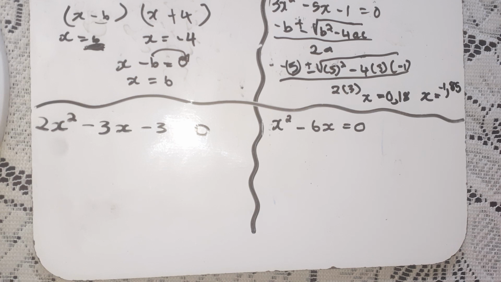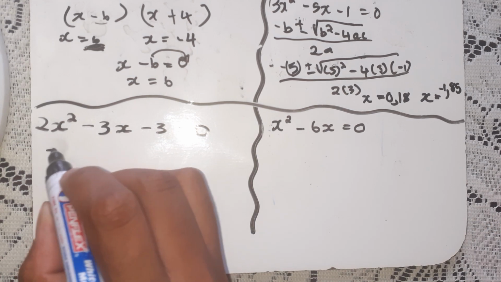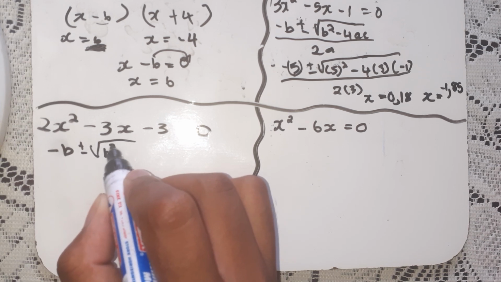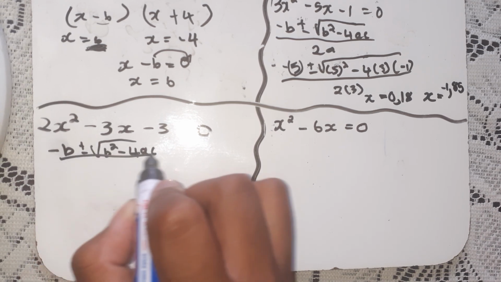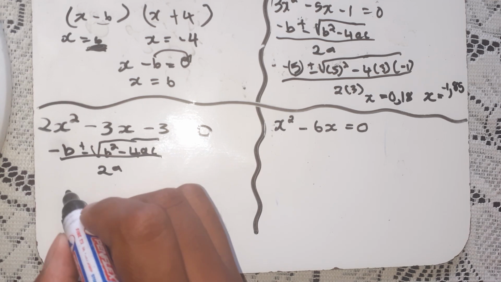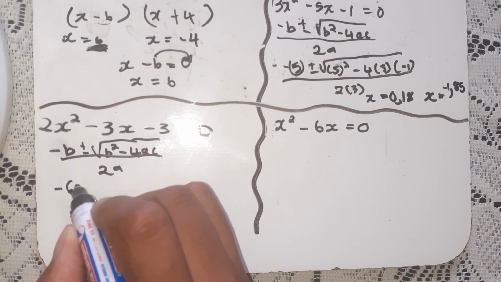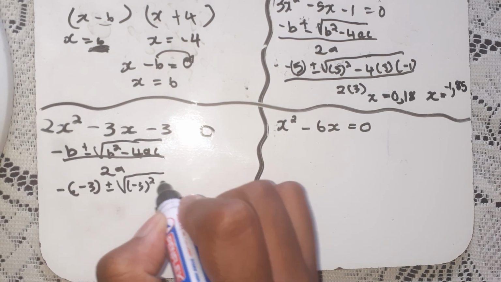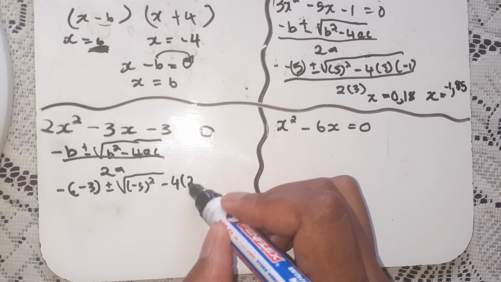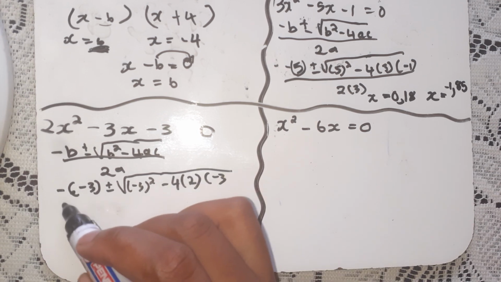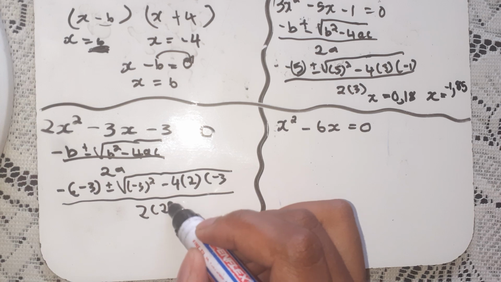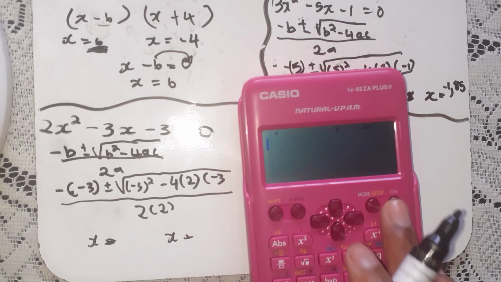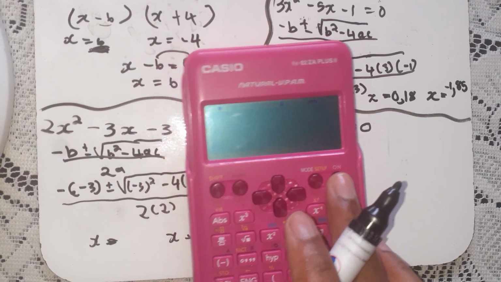I'm still going to use a formula. So negative b plus or minus. I know that this one uses a formula straight up. So we're going to have negative into negative 3 plus or minus the square root of negative 3 squared minus 4 into 2 into negative 3, and then all of this over 2 into 2. x equals to, I've done this before, so I know that it is a decimal already.